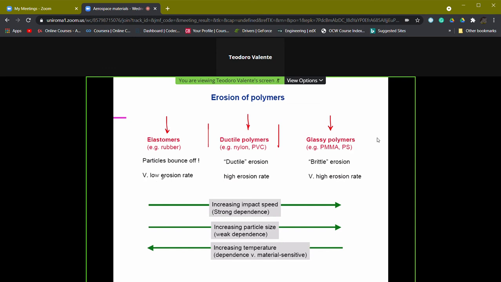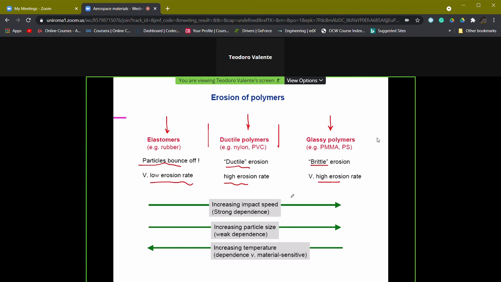Generally speaking, elastomers have a low erosion rate because, due to the high elastic behavior of elastomers, particles are bounced off. Ductile polymers can have a high erosion rate in the form of ductile erosion. For glassy polymers, that is brittle polymers, we have brittle erosion, which is the highest erosion rate.